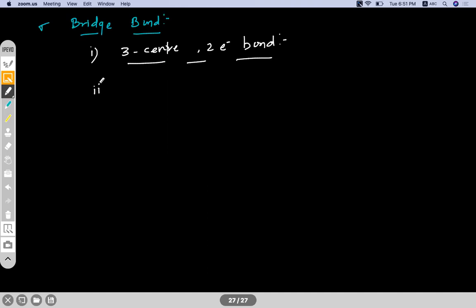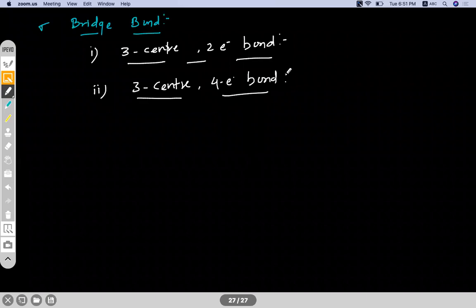And the other one is 3 center 4 electron bond. This we call a bridge bond. These two types of bond.